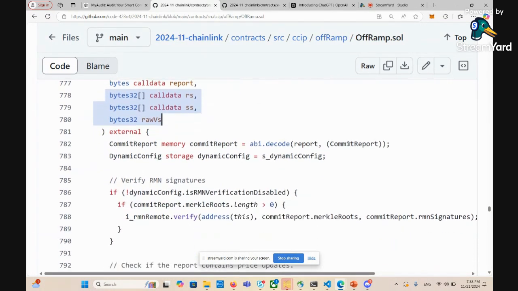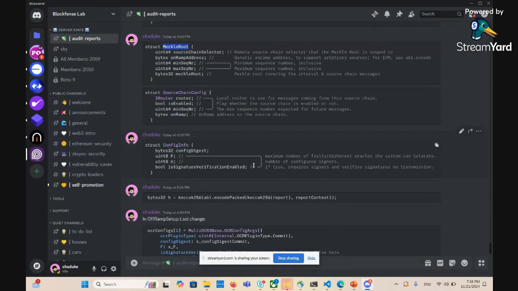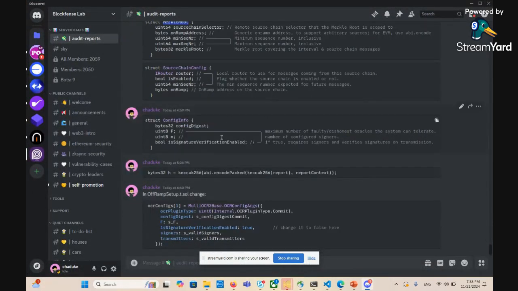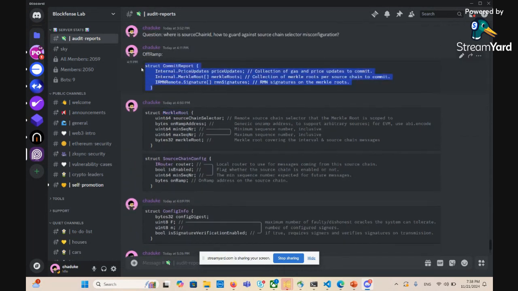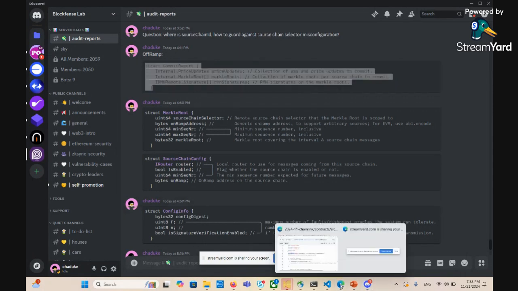First of all, we're going to decode the commit report into a commit report struct, which has the following structure. The commit report has three components right here: price updates, the roots, and then a list of RMN signatures, the first group of people that I just talked about.